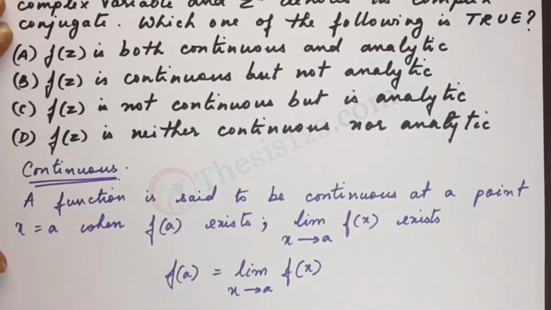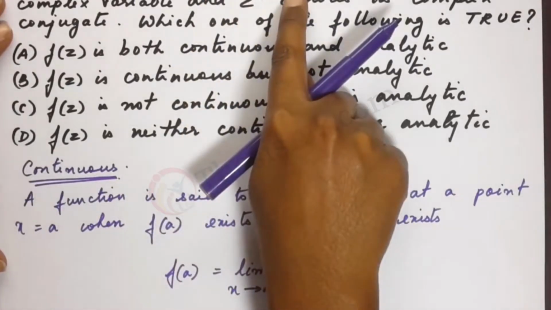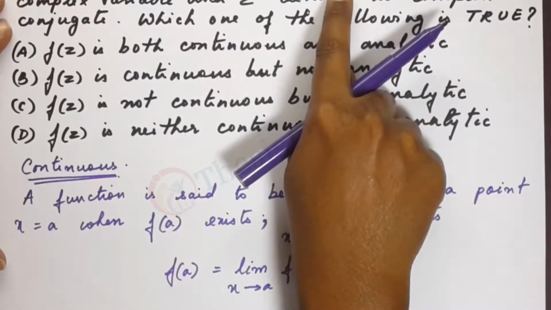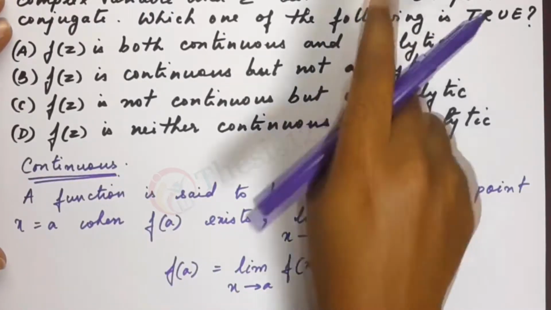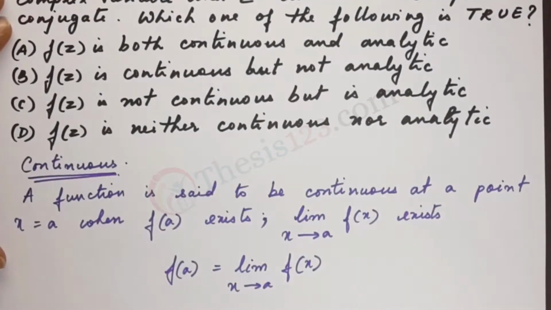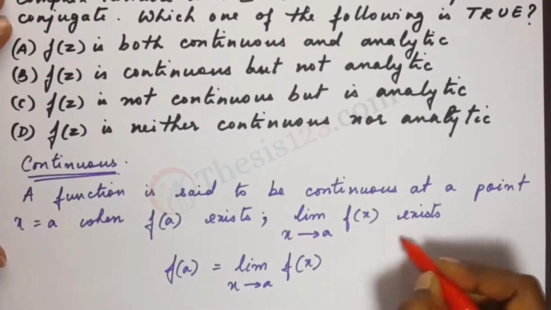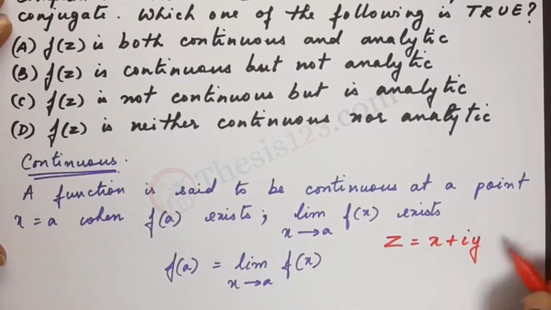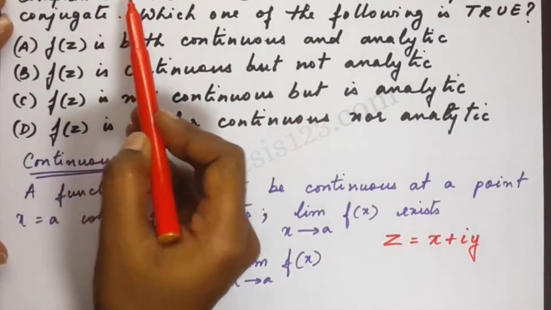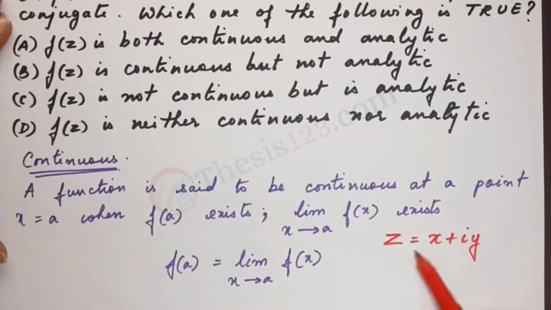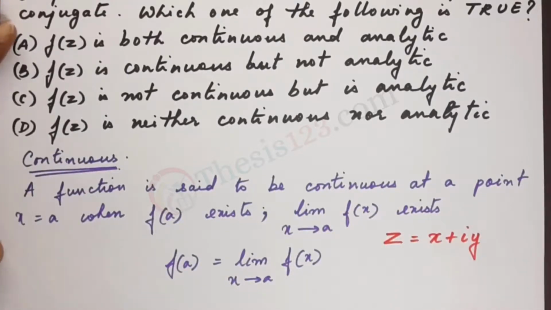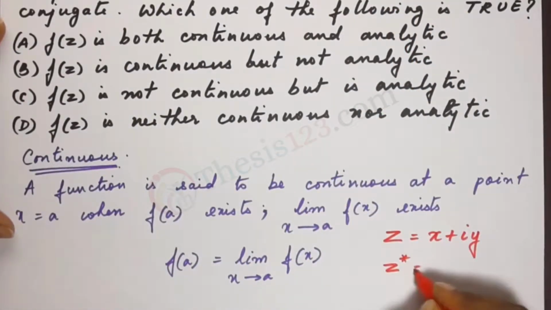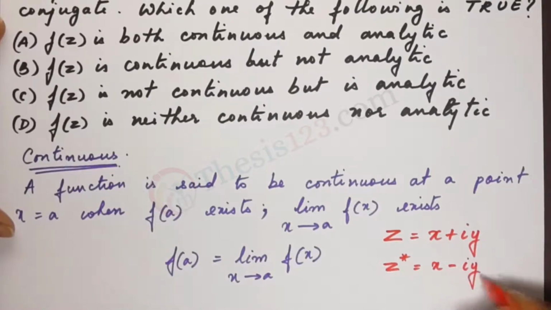So if we take a look at the function given to us, f of z for a certain complex variable z, and its conjugate. Let me just write that down here on the side. Now because the question says that z is a complex variable, let's assume that z is equal to x plus iy, where this is a complex term. Now the conjugate, z star, would be written as x minus iy.